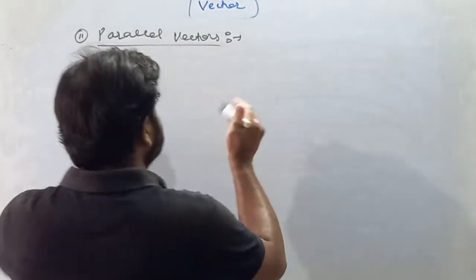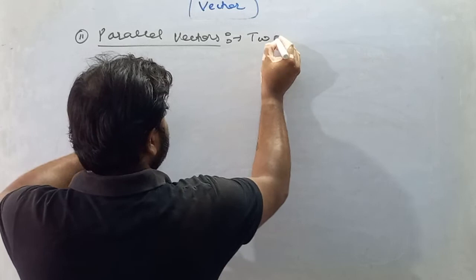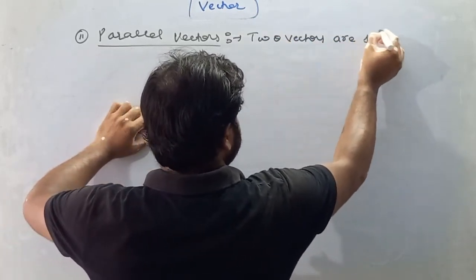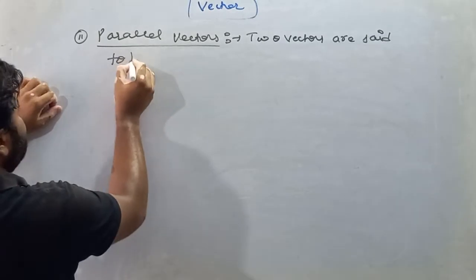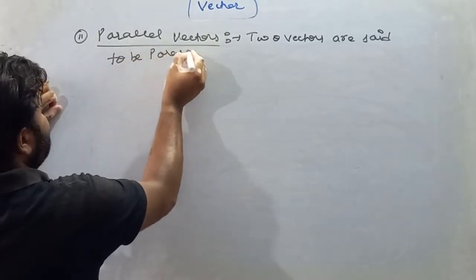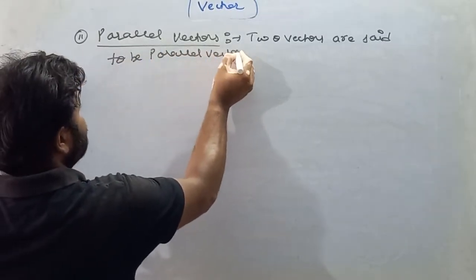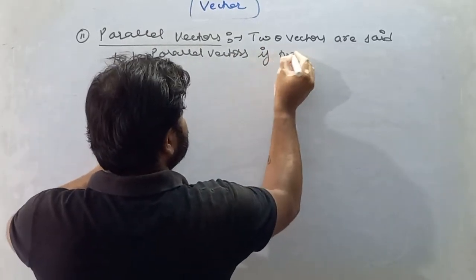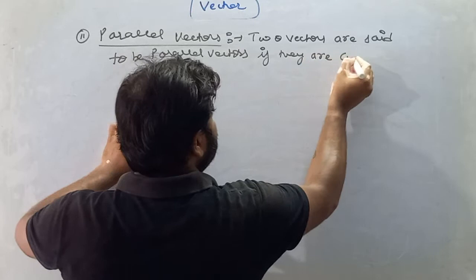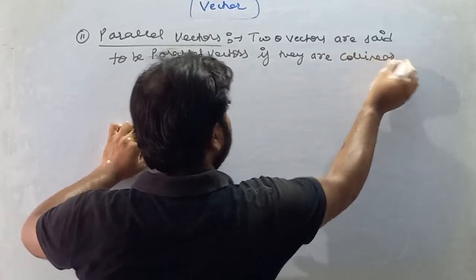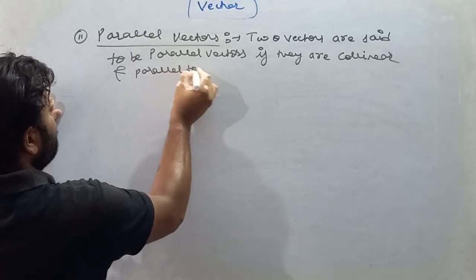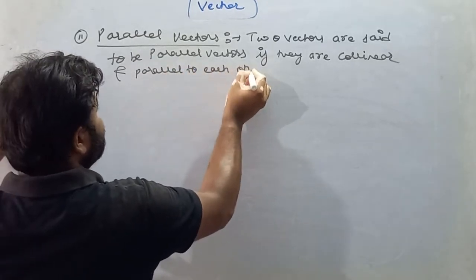So I'll write here, two vectors are said to be parallel vectors if they are collinear and parallel to each other.